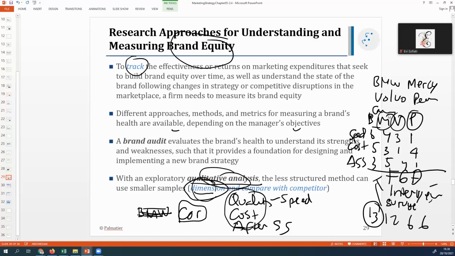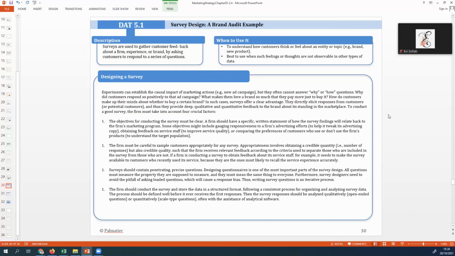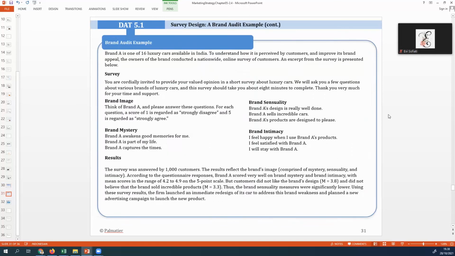Okay, good. So this is how to design a survey on the brand audit example. We conduct the focus group discussion to identify the themes of the attributes that people see the most, and then conduct a survey towards all of the producers, the makers, and then let the sample score it, and then we just summarize the numbers.